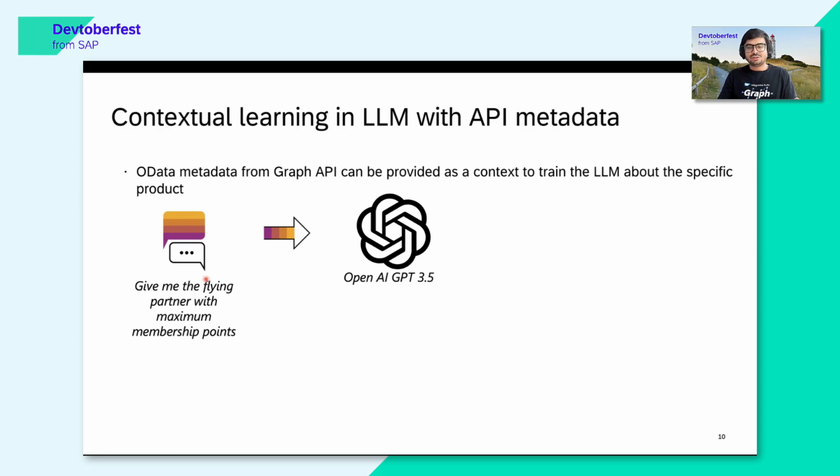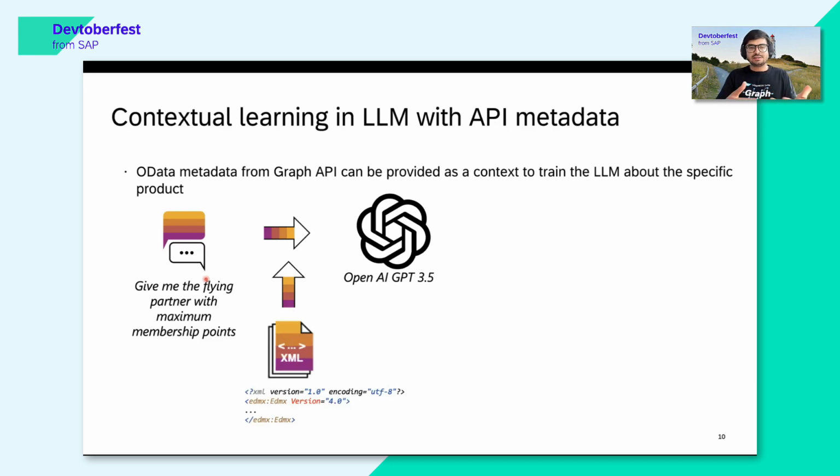So what we do is we again give the context, and in this case, we give context in the form of OData metadata. So what is OData metadata? It is similar to an OpenAPI specification, which contains a list or details about the attributes present in a particular API. So it's basically raw information about the API.